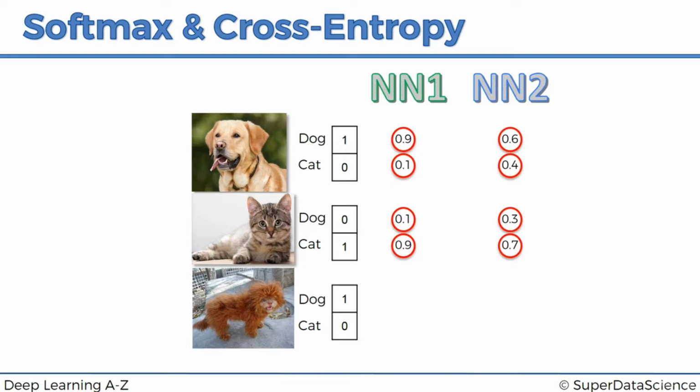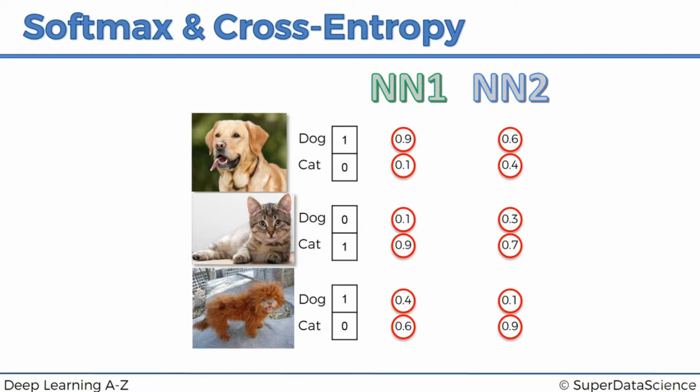Neural network 2 says 30% dog, 70% cat, worse, but still correct. Finally, in image 3, neural network 1 says 40% dog, 60% cat, incorrect. Neural network 2 says 10% dog, 90% cat, incorrect and worse.